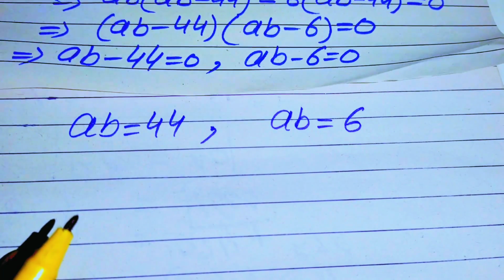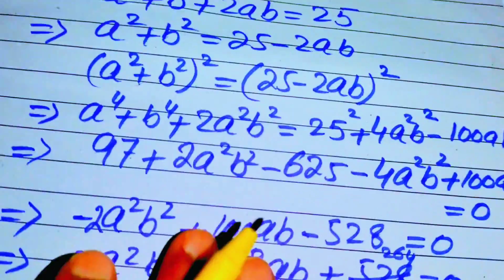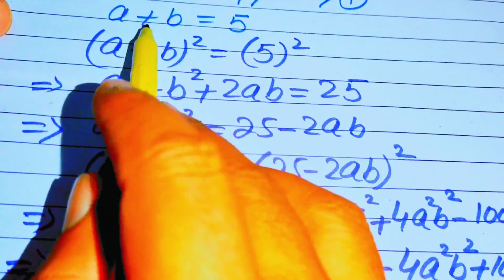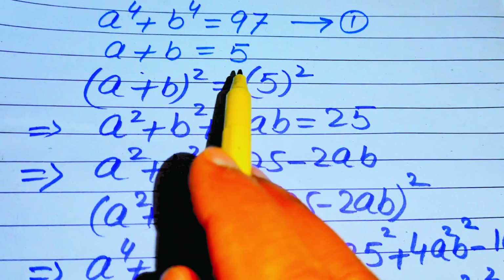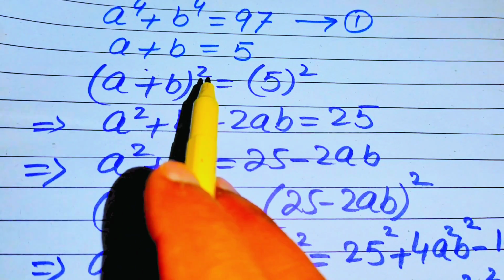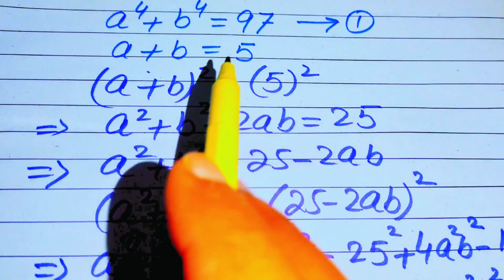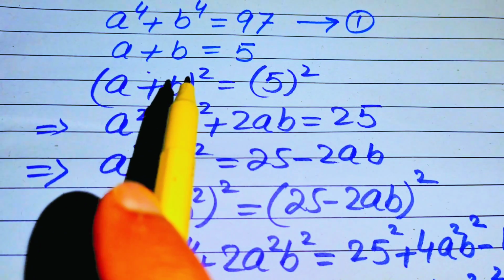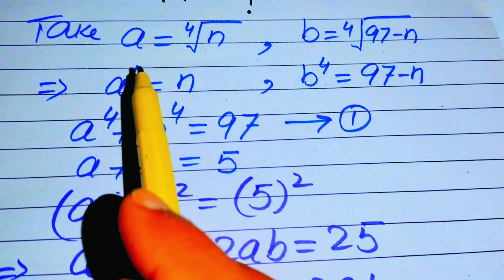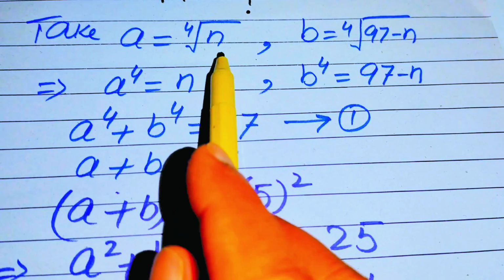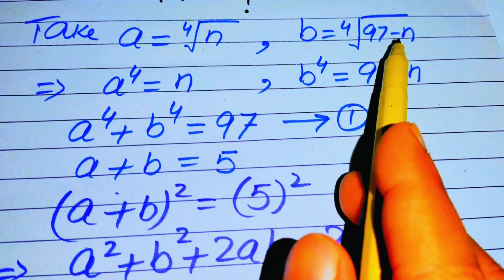Now we focus on this equation, we have a plus b equals 5, and now we back substitute the value of ab. Here you see that we have the value of a is 4th root of n and b is 4th root of 97 minus n.